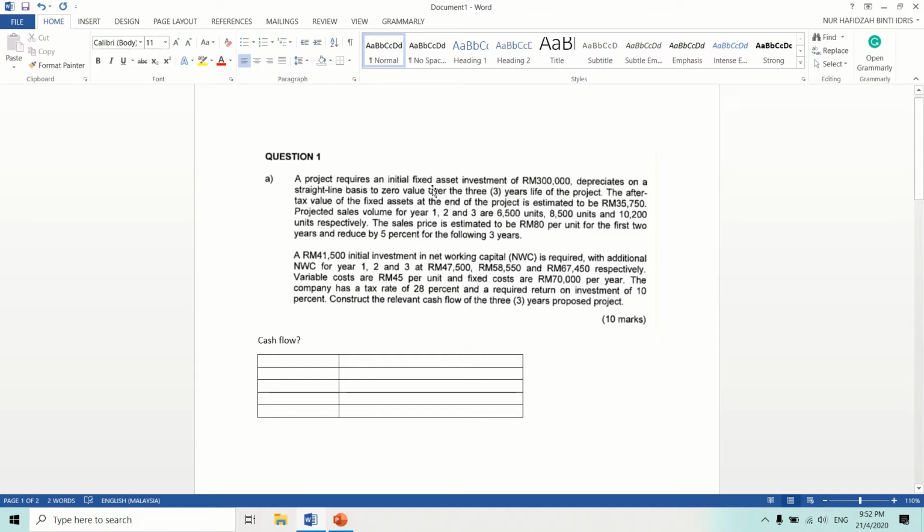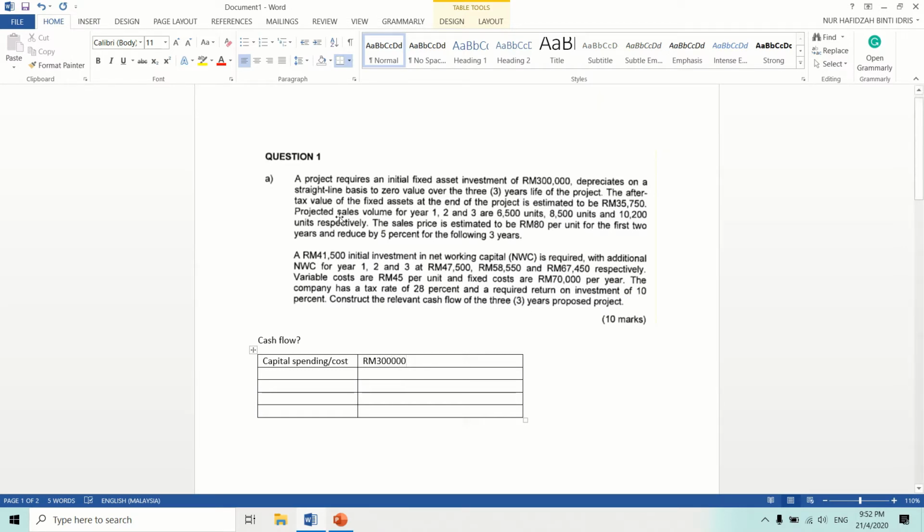A project requires an initial fixed asset investment of 300,000. This is referred to as the capital spending, also known as the cost of the project. So the cost is 300,000.